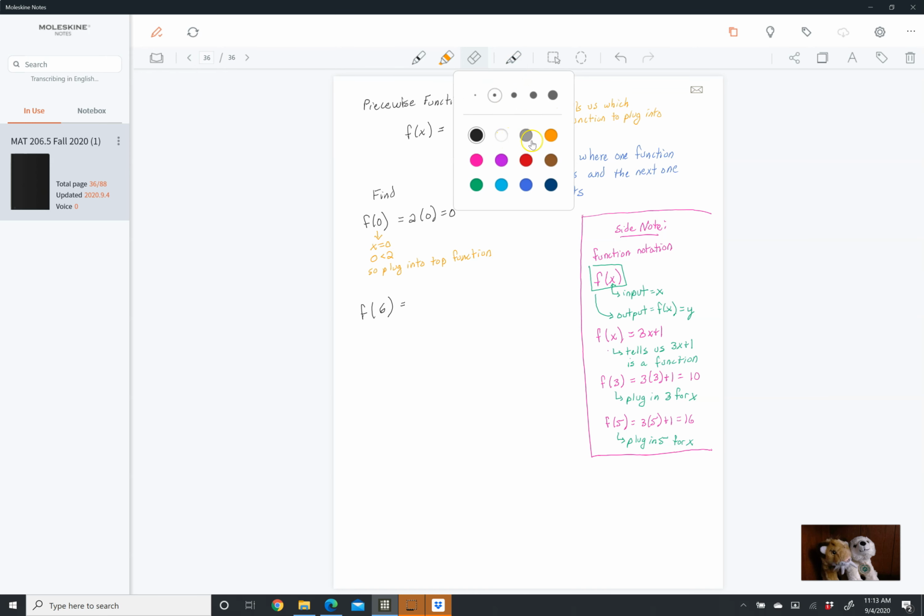So because 6 is greater than or equal to 2, we're going to plug into that second function, that bottom function. Okay, so you only plug into one function.